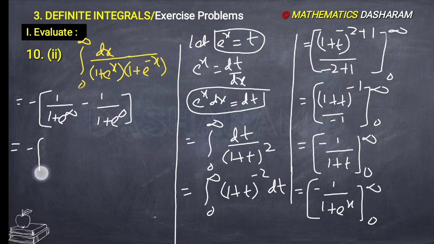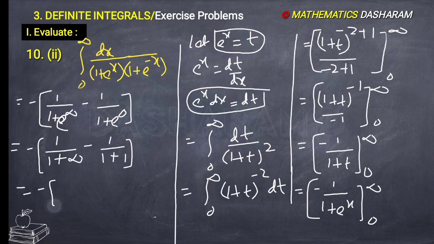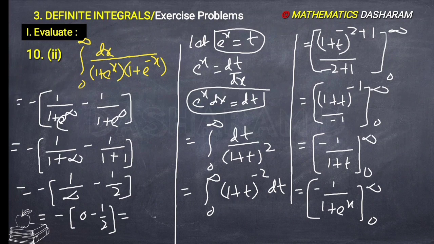So 1 by 1 plus e power infinity is 0, and 1 by 1 plus e power 0 is 1 by 2. So minus 1 by infinity is 0, minus 1 by 2. So 0 minus 1 by 2 is minus 1 by 2, but here already minus symbol, so minus of minus is plus 1 by 2, our required answer.